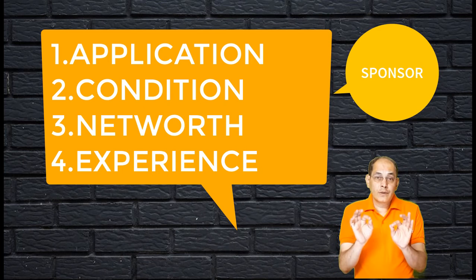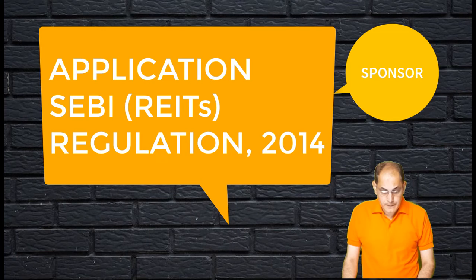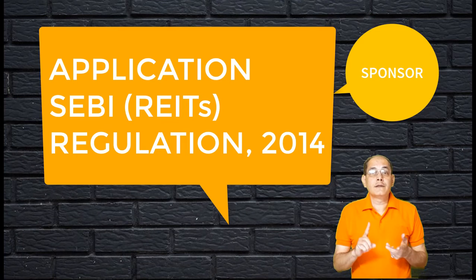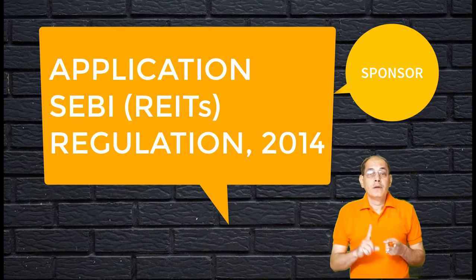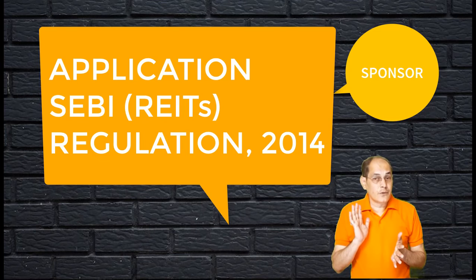First, let us go into the sponsor category. The application for sponsor or sponsors must be made to SEBI as a financial intermediary. The regulations applicable are the SEBI REITs Regulations 2014.